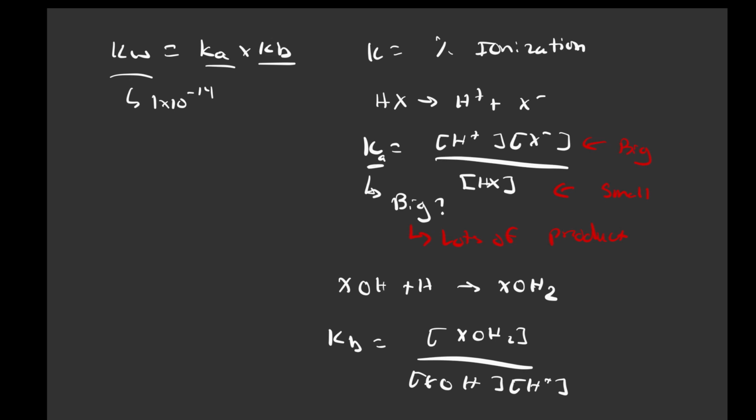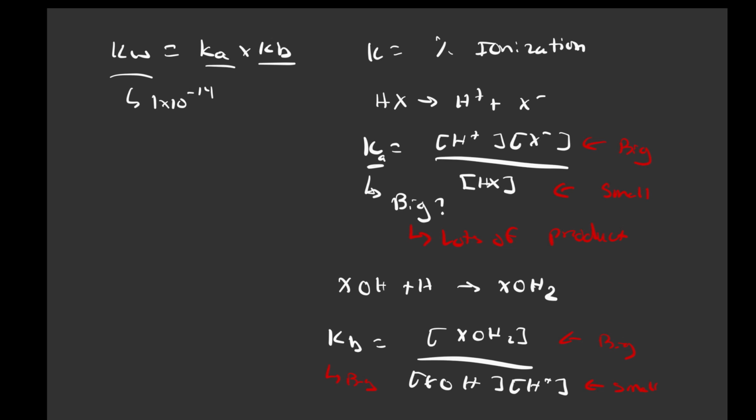Again, we can use the same thought process here. If Kb is big, either our numerator has to be big or the denominator has to be small. Either way, that means we have more product than reactant, which means we have a stronger base.